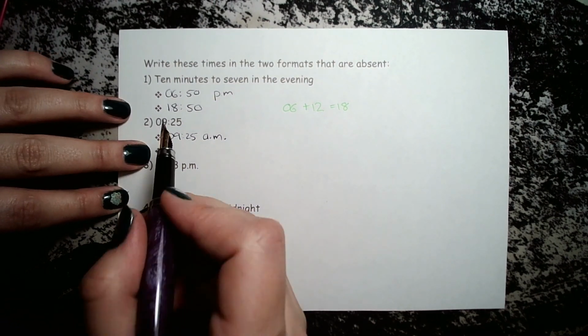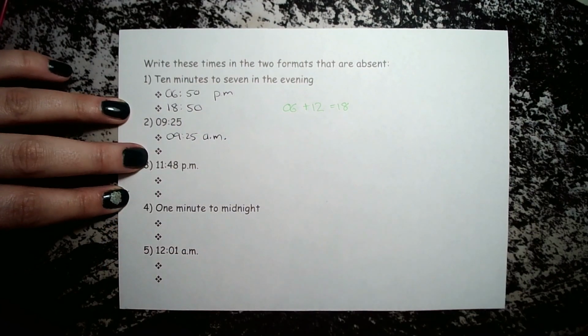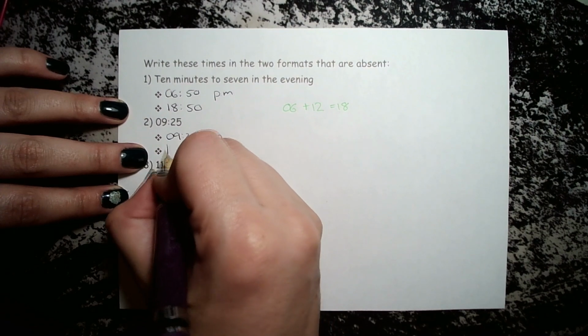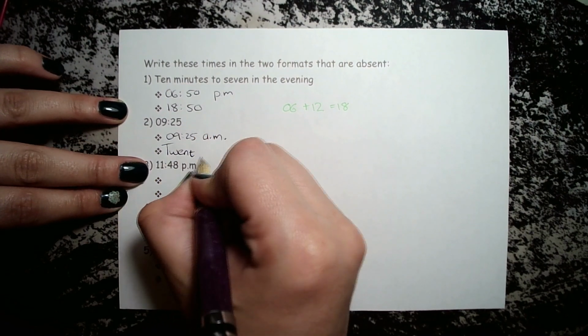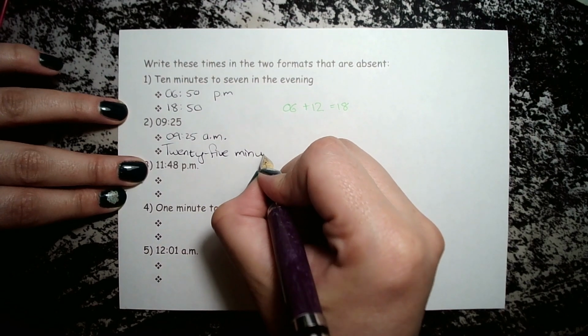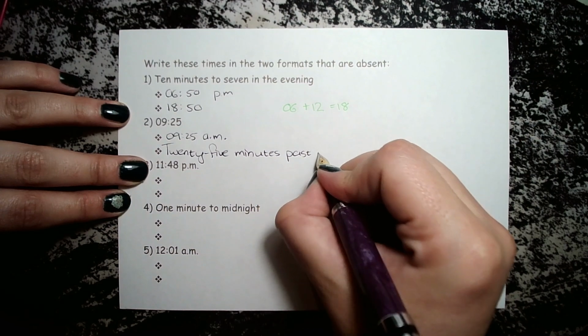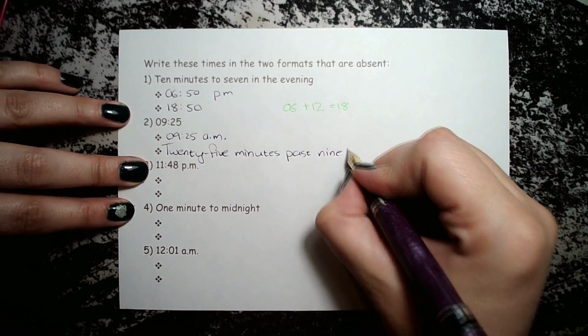In words, if it is 9 o'clock and 25 minutes, that is 25 minutes past 9, and that is what we write. 25 minutes past 9 in the morning.